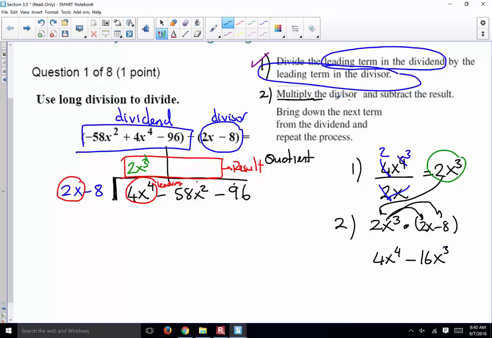We multiplied the divisor. And is this a coincidence that 4x to the 4th happened to be the same as this leading term? No. They must always match after the second term. They are matching. And what do I do with this result? We subtract the result from the dividend. You put this under the dividend and subtract.